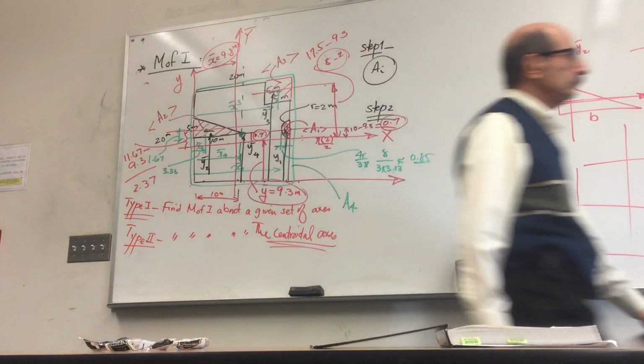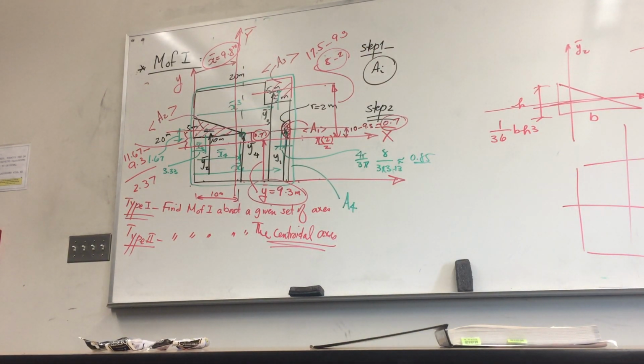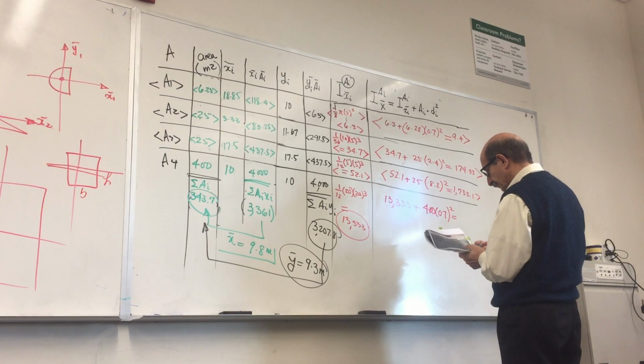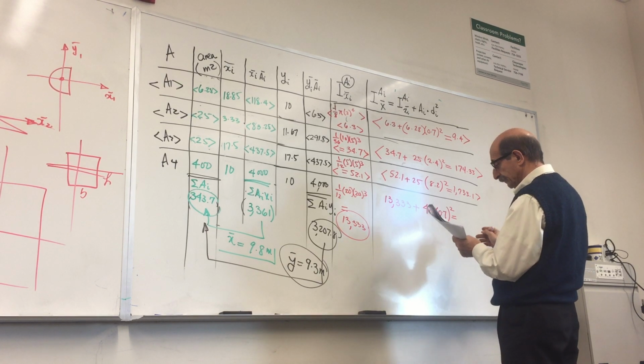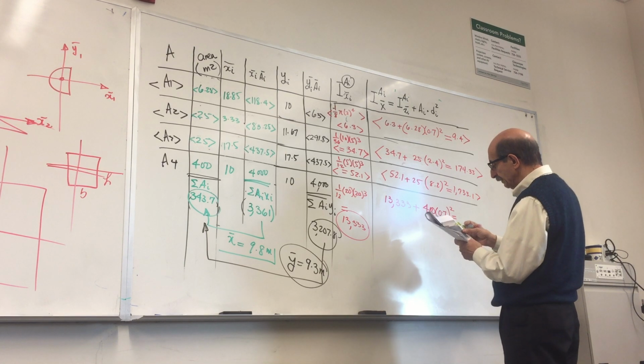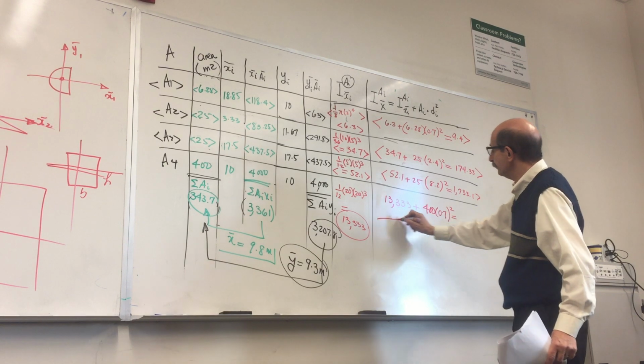So it would be times 0.7 squared. That will give you, check, 13,333. I don't have that exact value, but anyway.